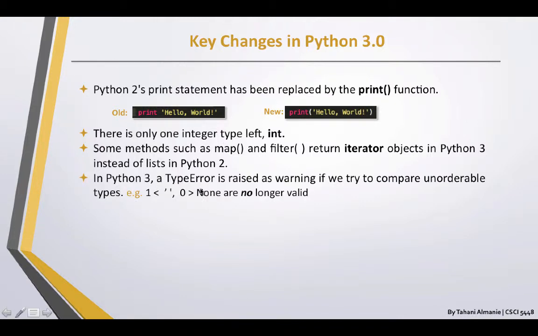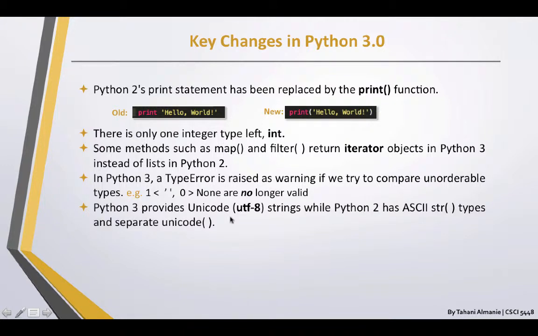In Python 3, a type error is raised as a warning if we try to compare unorderable types. For example, if we try to compare 1 with an empty string or 0 with None, which is a null value, those are no longer valid in Python 3.